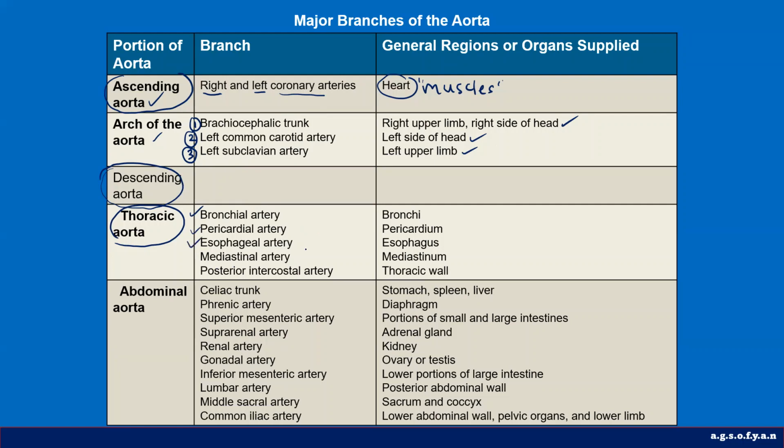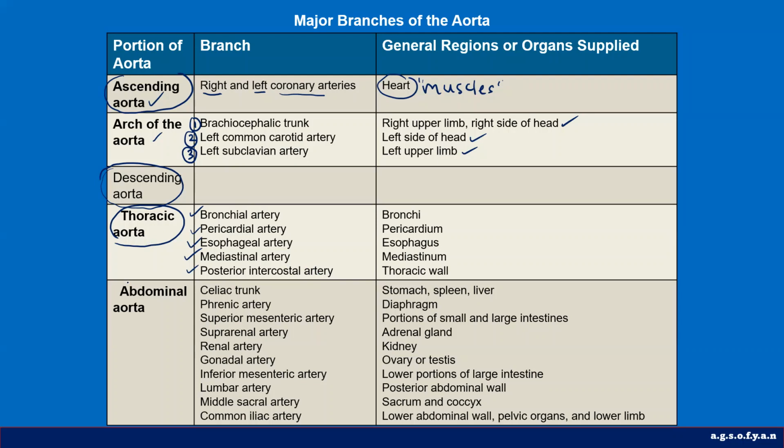The esophageal artery gives blood to the muscles of the esophagus. The mediastinal artery gives blood to the mediastinum. And the posterior intercostal artery gives blood to the thoracic wall and also the muscles in between the ribs. So this is the thoracic aorta.